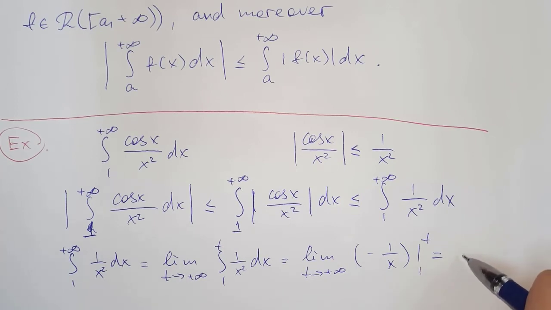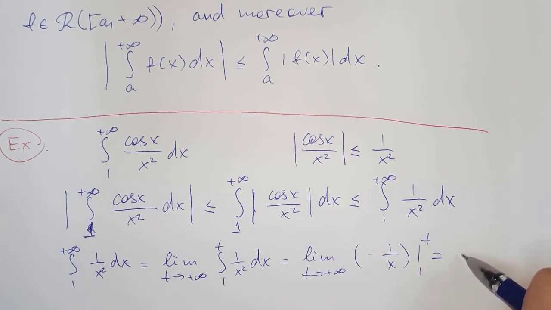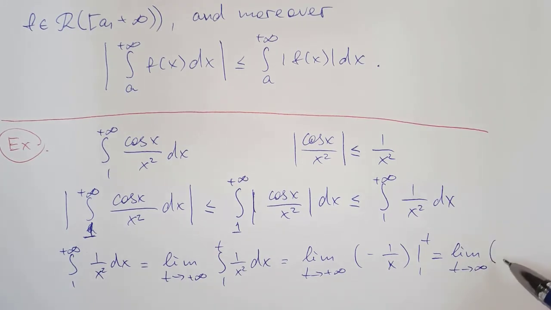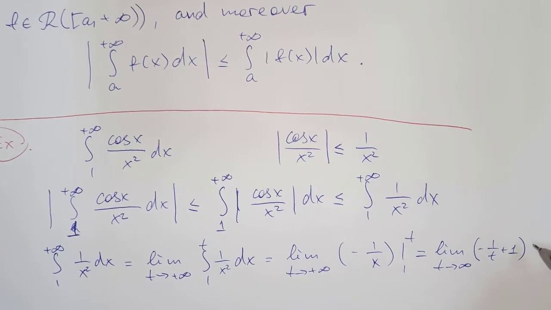It will be the limit as t tends to infinity of minus 1 over t plus 1. When t tends to infinity, it will be 1.